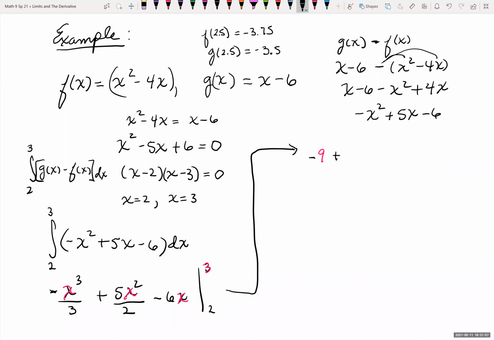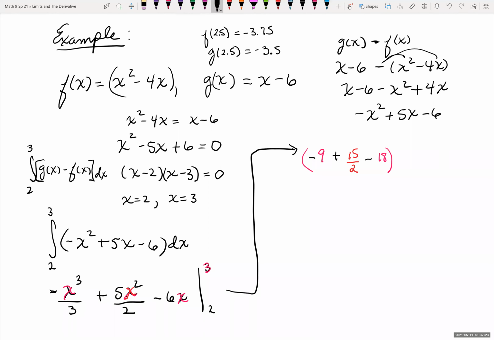Plus, now I'm plugging in this 3 again, squaring it, I get 9 times the 5, which is 45, divided by the 2, so 45 halves. Minus 6 times 3, which gives us the 18. So that's just with a 3.